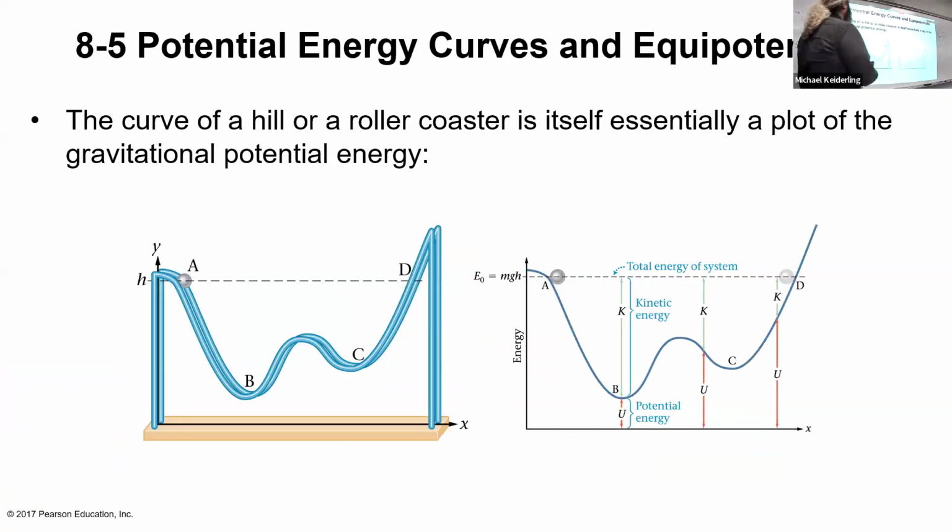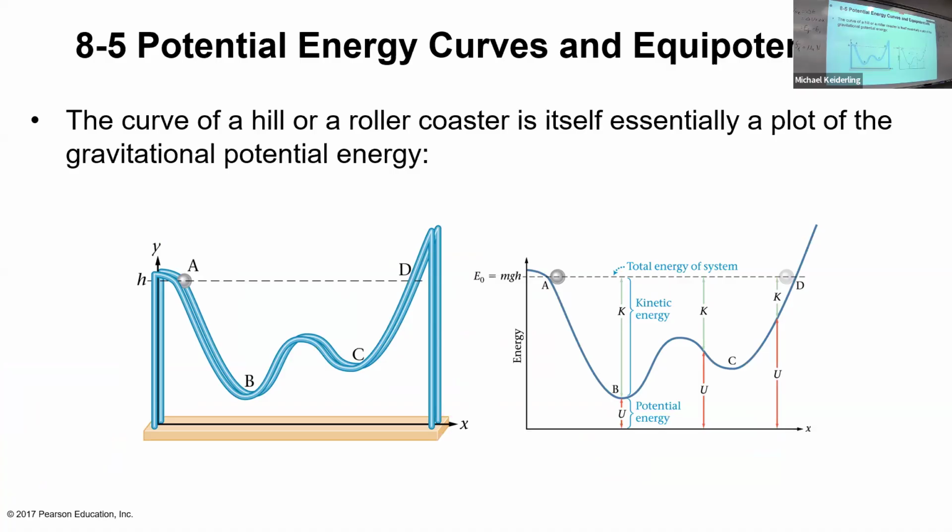So potential energy, we can draw potential energy curves. It turns out the curve of a hill or a roller coaster is basically a plot of gravitational potential energy. Point A here and point D have the same potential energy because you're at the same height.